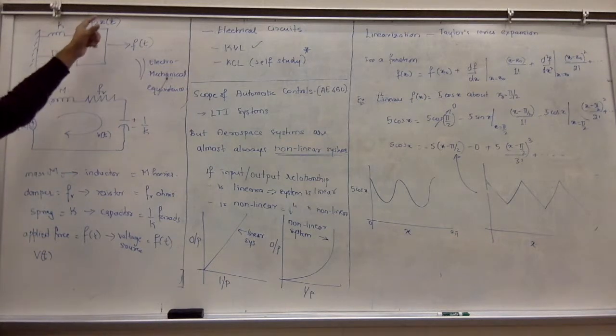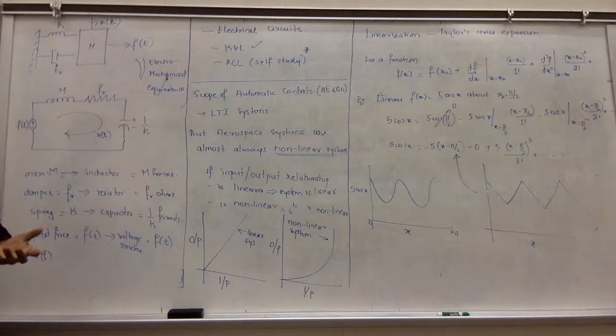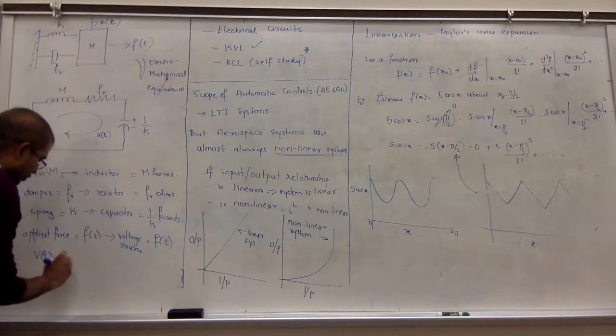Your output can be displacement or it could be velocity as well. It depends on what you are seeking out of the system. What do you want to measure? You're not always interested in measuring the displacement. For example, if you're driving a car, are you really interested in measuring the displacement? You're more interested in continuously measuring the velocity, right? So this V of T is the velocity.